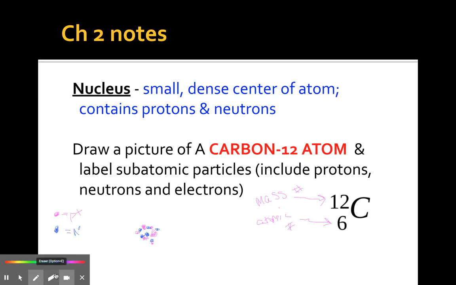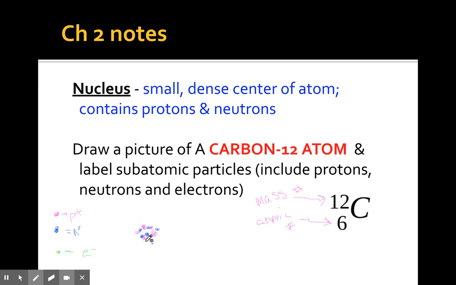Okay, so now I'm going to switch colors again. We'll do bright green. And bright green is going to represent my electrons. Those are my electrons, and electrons are located outside of the nucleus. For now, with atoms, atoms are neutral, which means that the positive charges have to equal the negative charges.